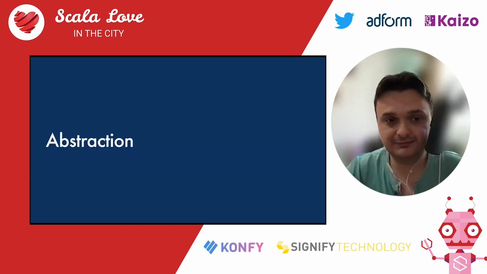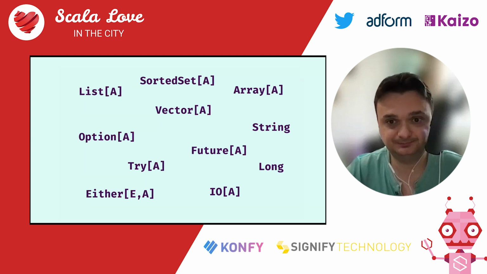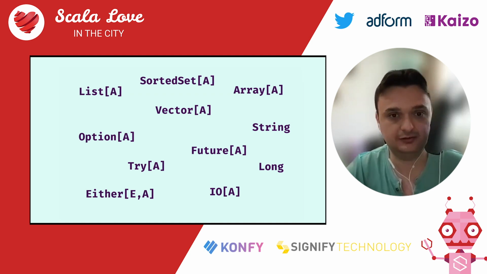So abstraction, and it's important to talk about it. Thinking about things like object types, we can find common traits between them, common traits that we like to focus on, for example, that solve our problems.